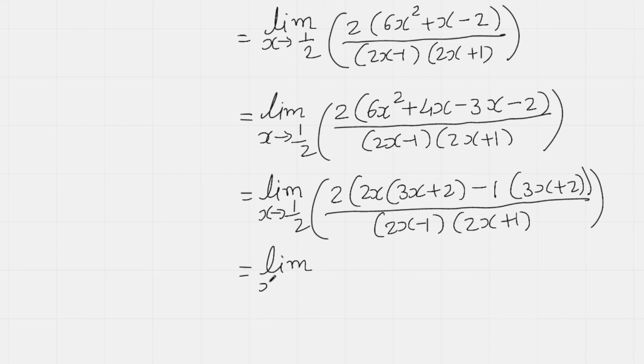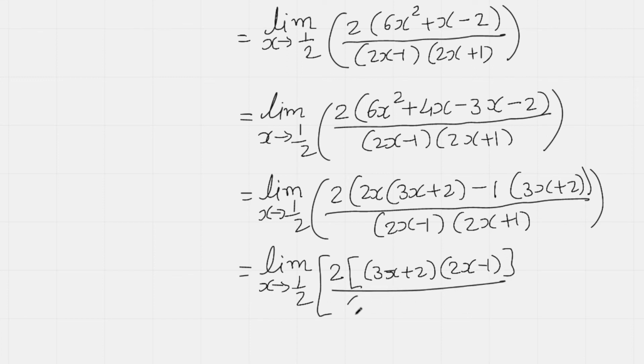So limit x approaches 1 over 2. Let us keep 2 as it is. Inside the bracket, we can factor out 3x plus 2. So this is 3x plus 2. And in the other bracket, we will have 2x minus 1, whole divided by 2x minus 1 into 2x plus 1.